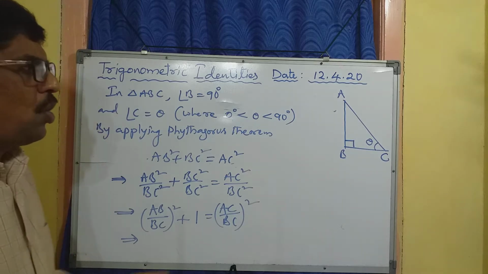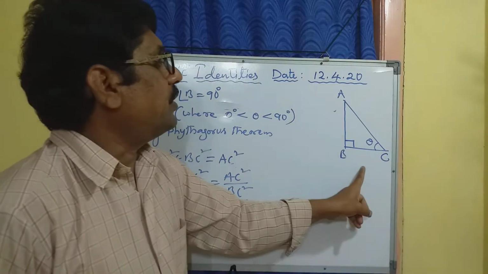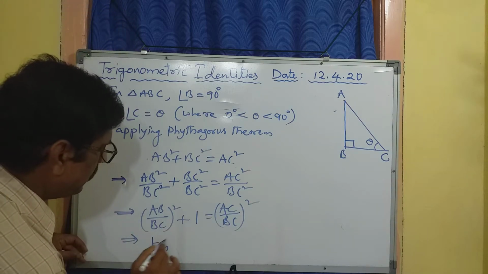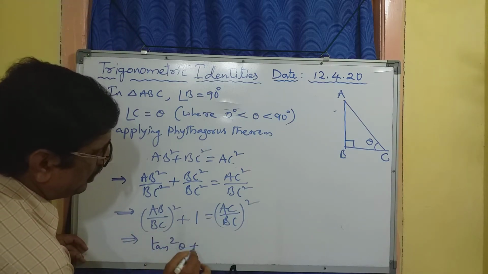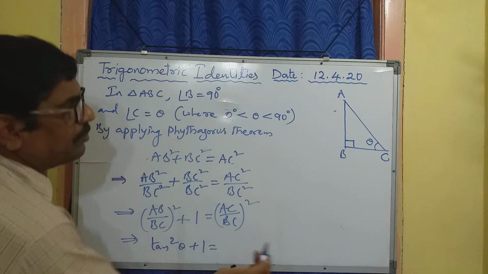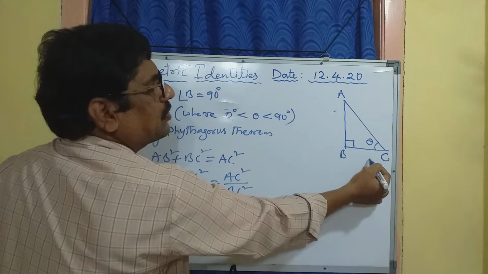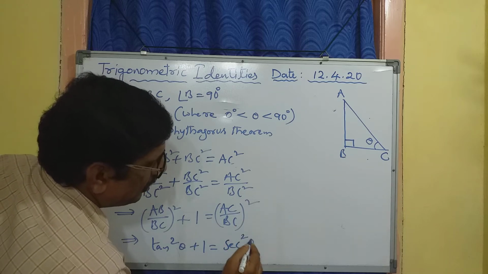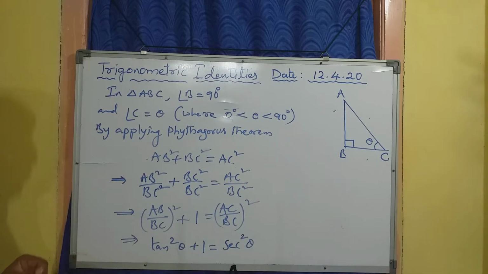Now look at this. What is AB by BC? Opposite side by adjacent side. We can write it as tan theta. So tan square theta plus 1 is equal to AC by BC whole square. Hypotenuse by adjacent side can be written as secant theta. Here there is square, so we can write it as secant square theta.